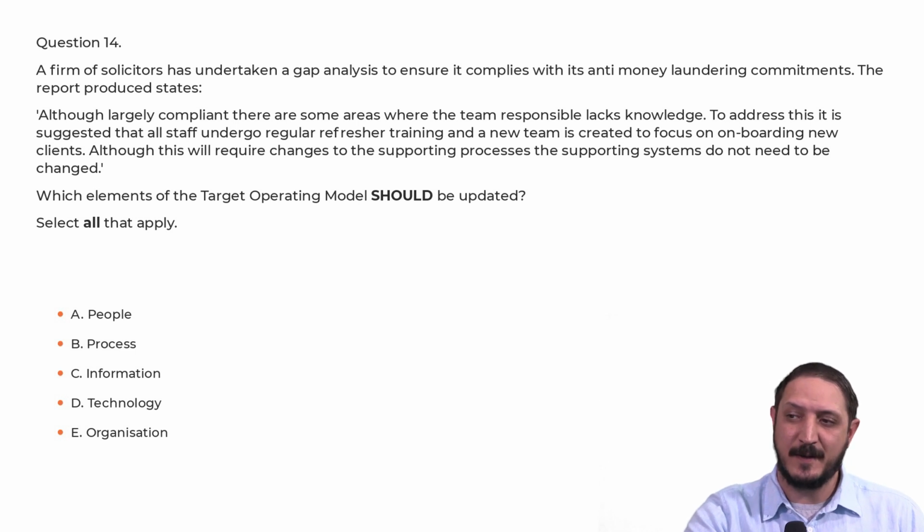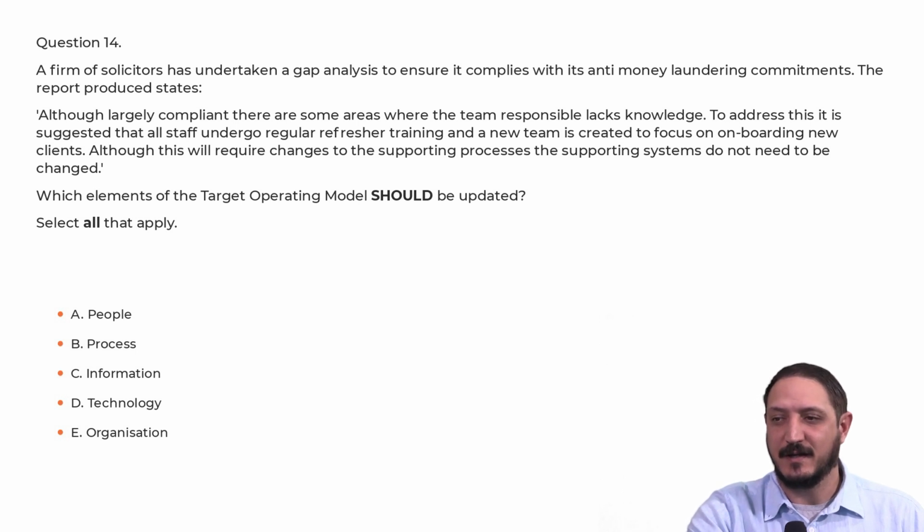The first 3 things that jump out to me immediately when reading through this is gap analysis. We know that gap analysis is a technique that is taught and used in business analysis. And we also see target operating model, which is another technique used in business analysis.